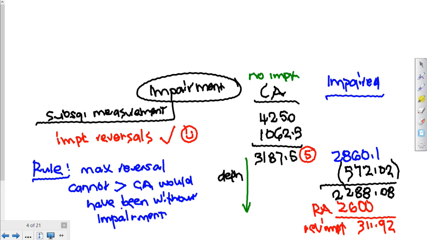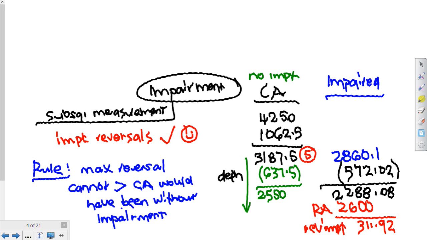Because that's the maximum that I can reverse impairment by. If I go back to what it would have been without impairment, it would have been 2550. 3187.5 divided by 5 is depreciation of 637.5, and my carrying amount would have been 2550.